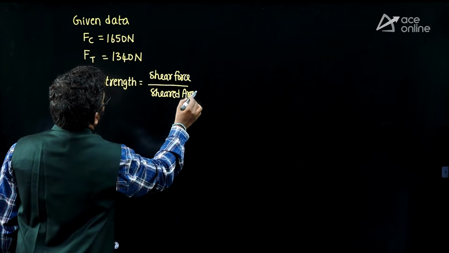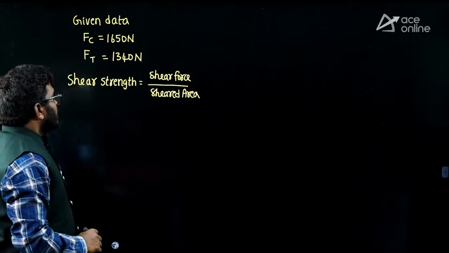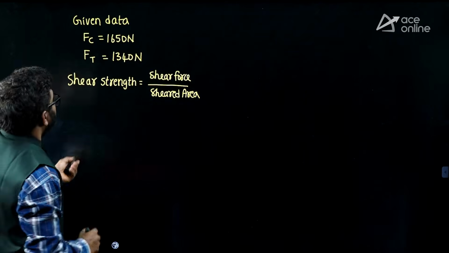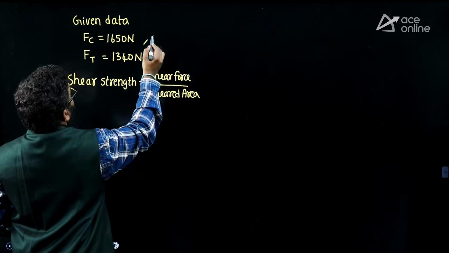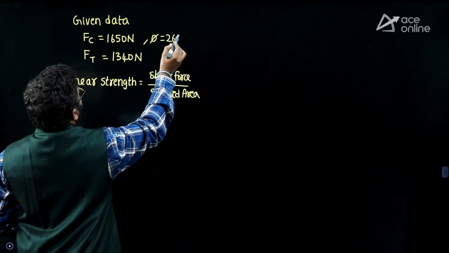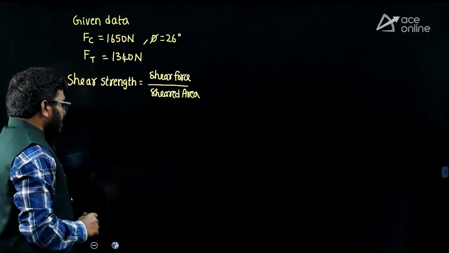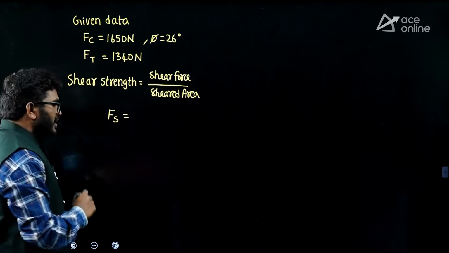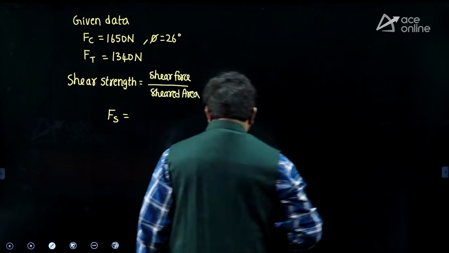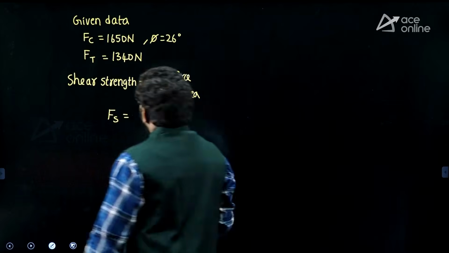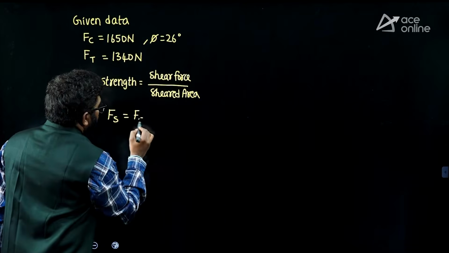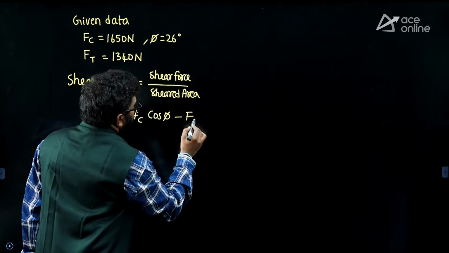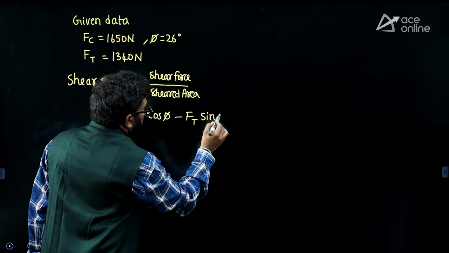Now, in this question, we should use the shear plane angle, which is given as 26 degrees. Now, tell me, how will you calculate the shear force, Fs? Very simple: cutting force into cos phi minus thrust force into sin phi.